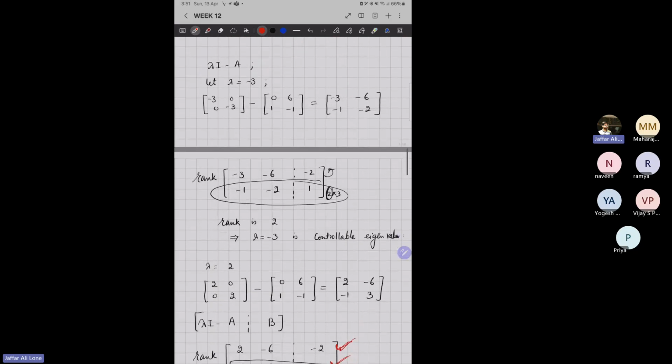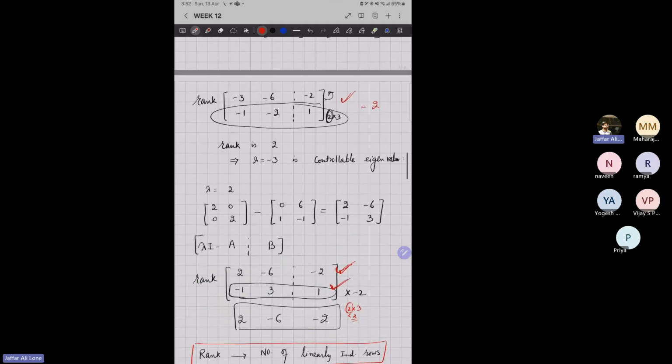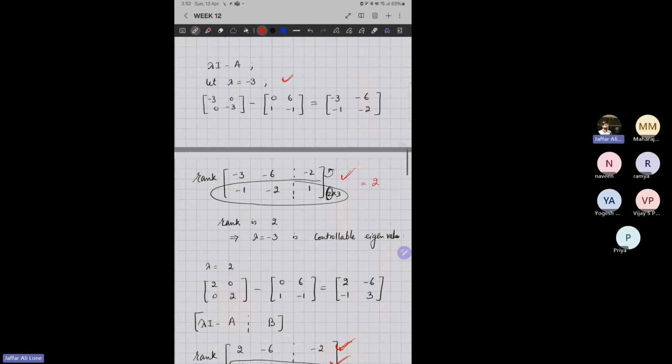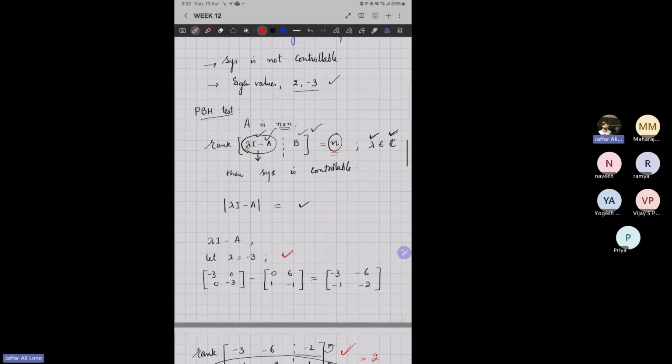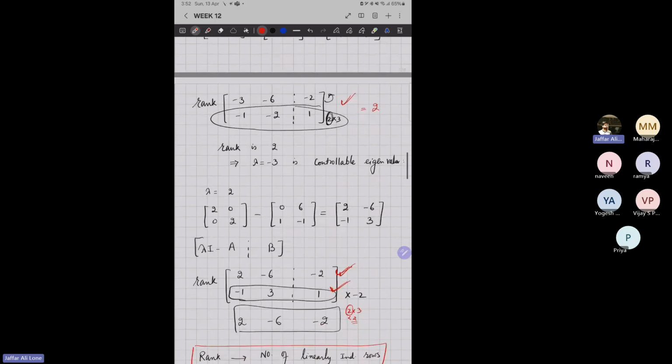But you can see from this matrix, this rank is equal to 2. You can check this from MATLAB as well. If you check the rank of this matrix on MATLAB, you'll get rank equal to 2. And for this, you'll get rank equal to 1. So for this eigenvalue, lambda equal to minus 3, my system is controllable. And for this eigenvalue, lambda equal to 2, my system is uncontrollable.